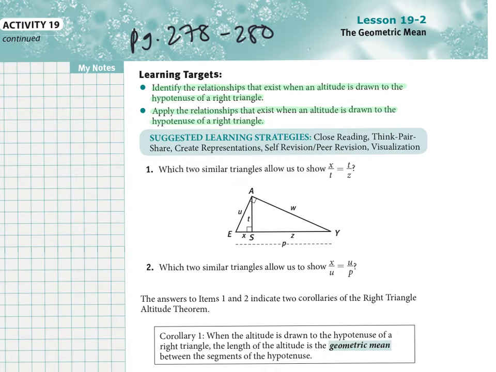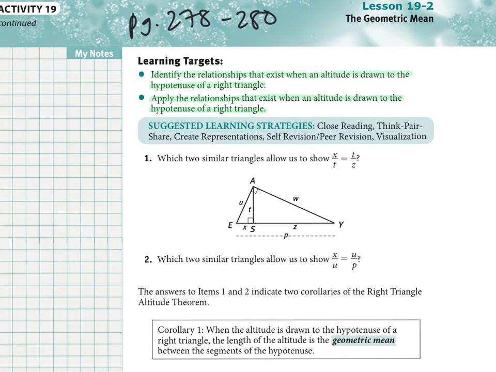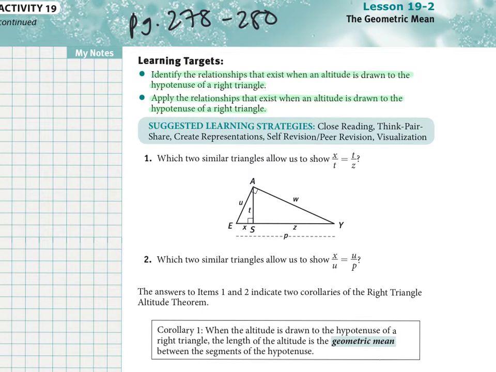So let's go ahead and look at numbers 1 and 2 to start off with right here. Number 1 says, which two similar triangles allow us to show that x over t is equal to t over z?